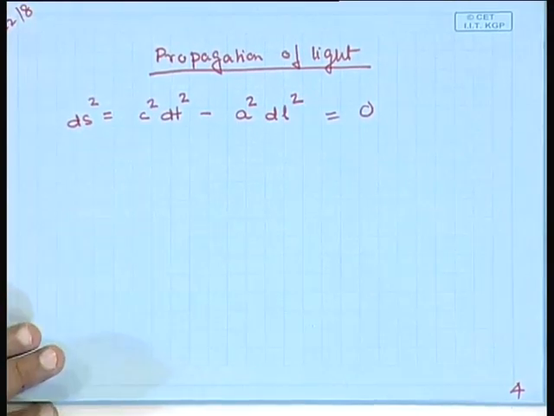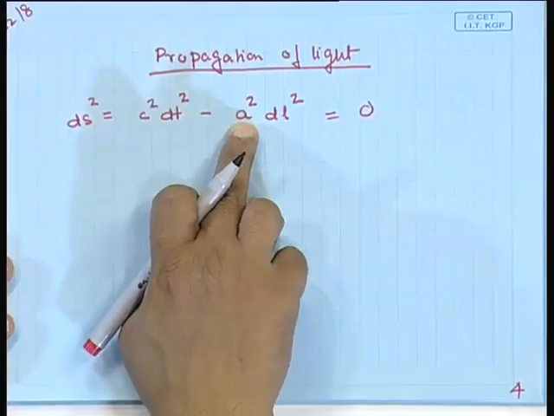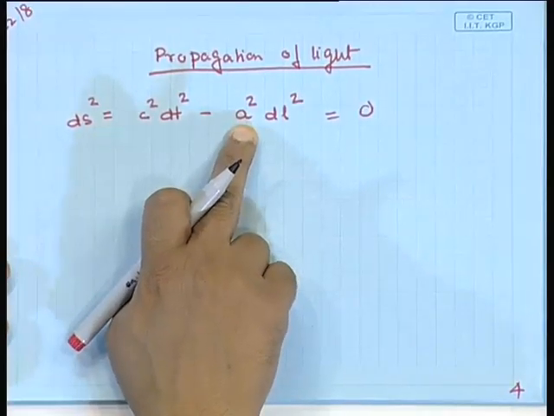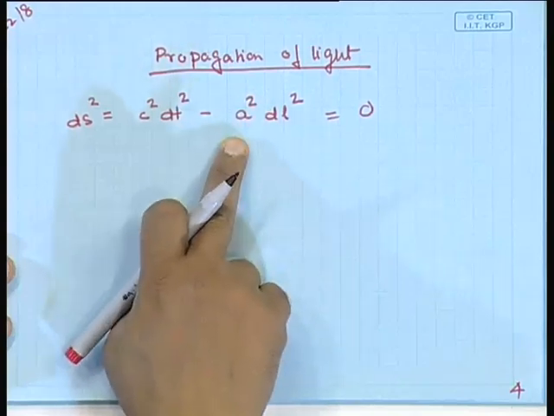Now, in the usual space, the speed of light is a constant. In the Cartesian coordinate, it will cover the same amount of coordinate in 1 second at every instant of time. But here this a of t is an increasing function of time, a time varying function.